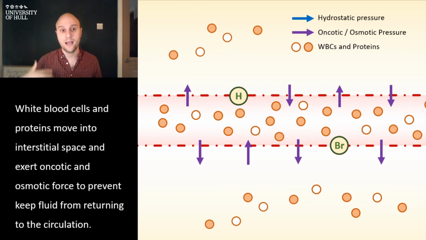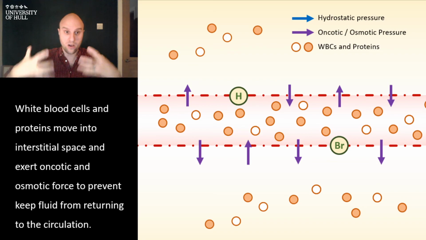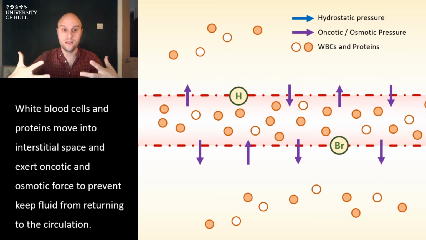However, as you've no doubt already worked out, if those proteins are then outside of the capillary and in the interstitial space, they too will have an oncotic or osmotic pull of fluid from within the blood vessel into the interstitial space.